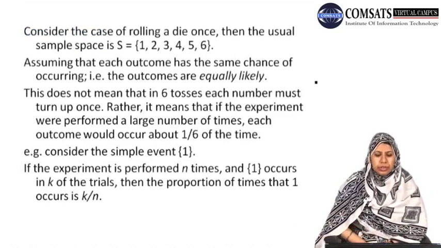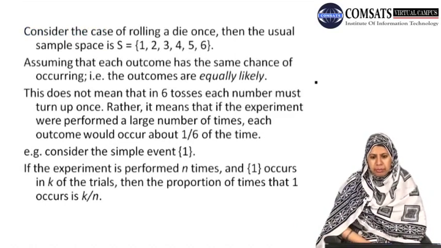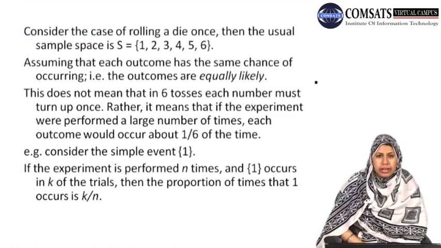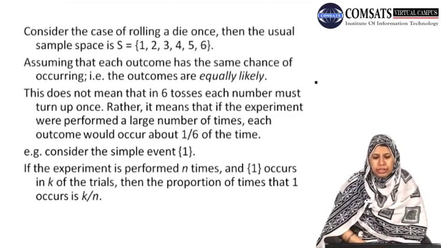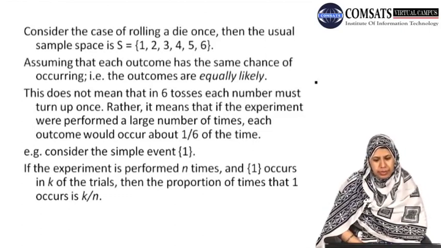Okay, we consider one more example, the simplest one again, of rolling a die once. Then we know that the usual sample space consists of 6 sample points, that is 1, 2, 3, 4, 5 and 6.